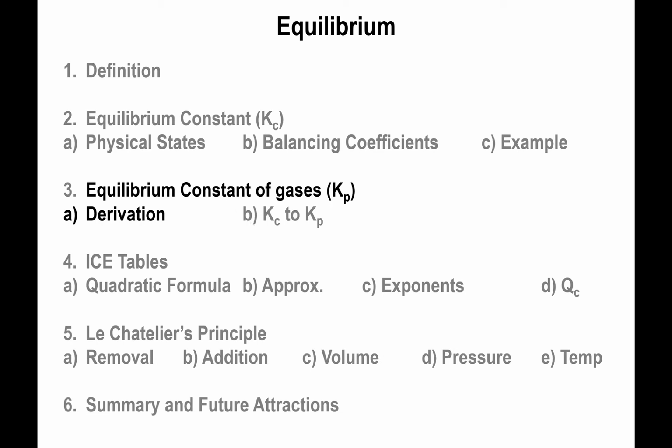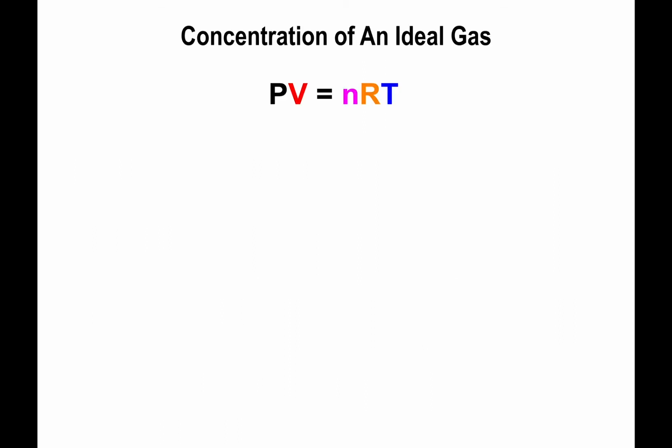So, two different ways to express the equilibrium constant, but as it turns out, there's a way to correlate one with the other, and it comes in the form of the ideal gas law. You may remember from your previous chemistry courses that PV equals nRT.